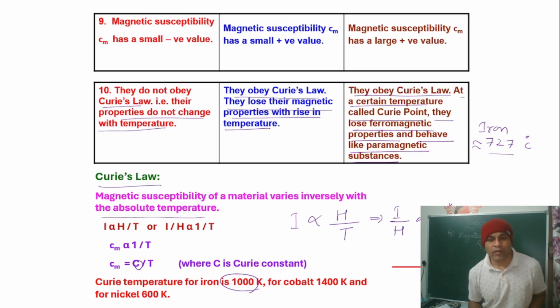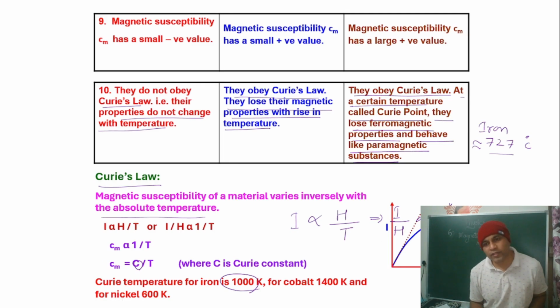Then the graph of intensity of magnetization I versus H by T is plotted, where we can see the diagram here.